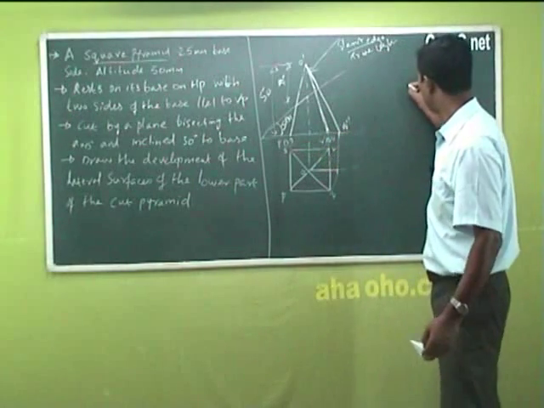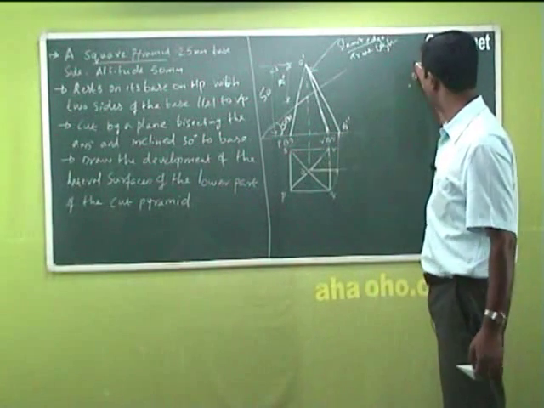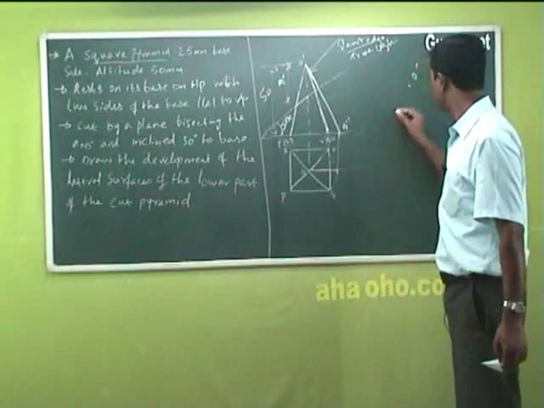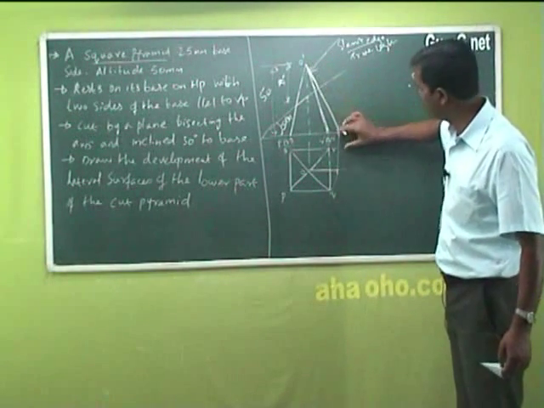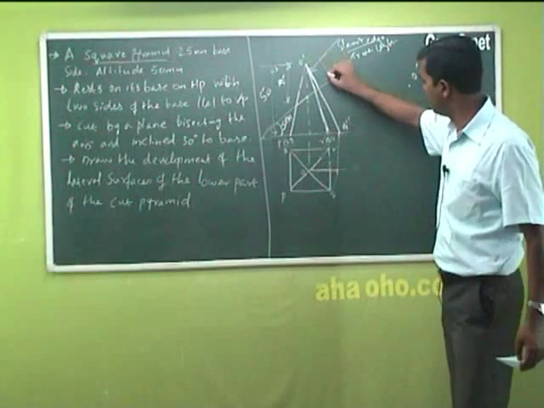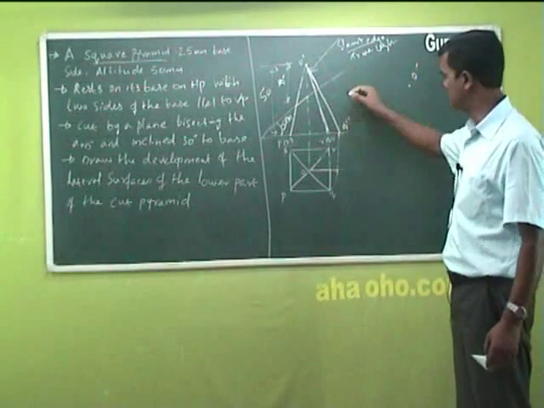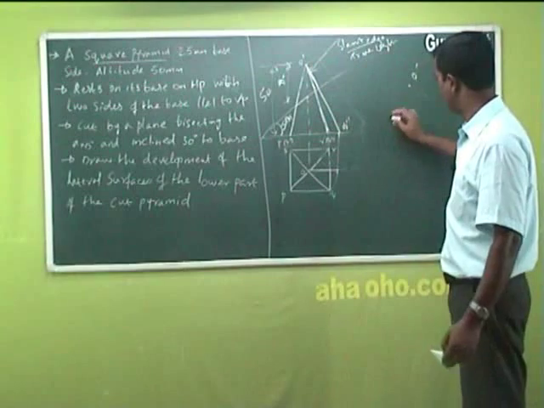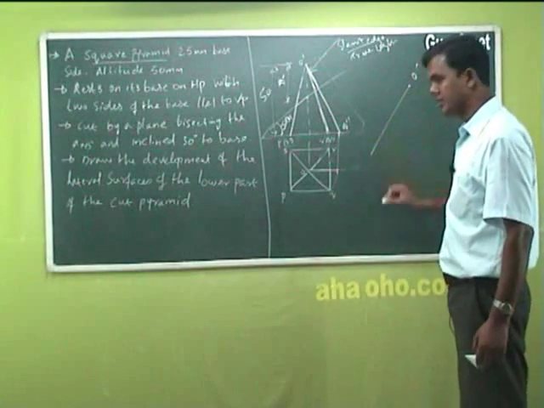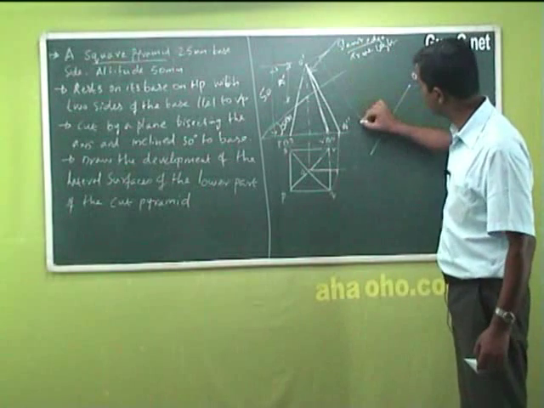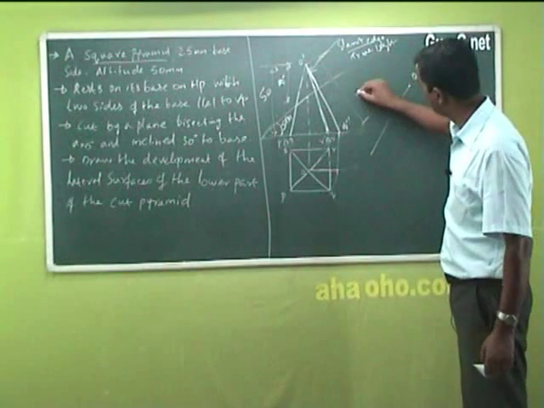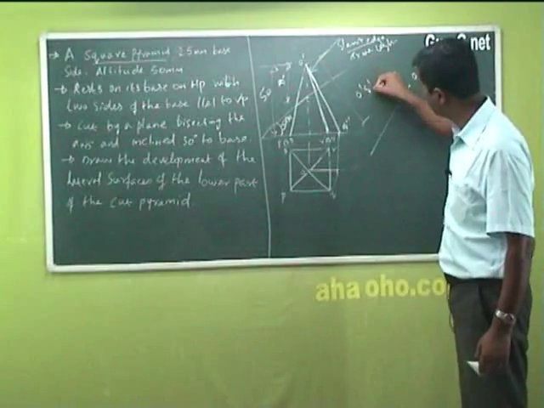Now what you do? You take point O. This is your point O, O dash. From this, you measure the length with the scale. Probably it will be some value. Say suppose 75 millimeter, whatever it is. You just take it and measure it. Suppose this is my O dash, Q dash.